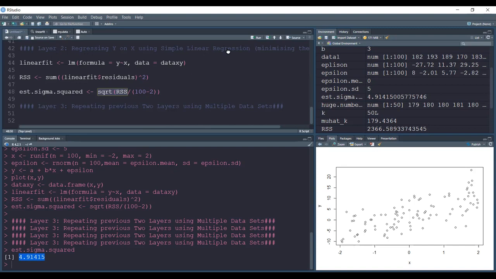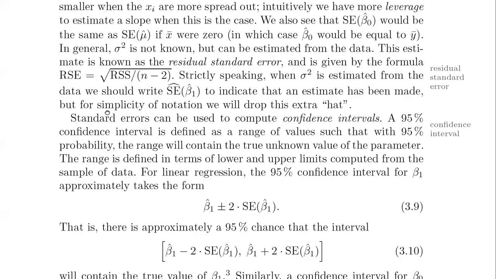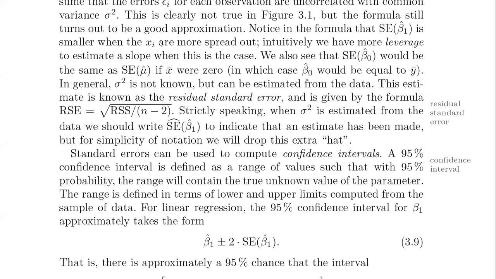So I'm thinking this is sigma. This approximates not sigma squared. In fact, that would explain the square root. It approximates the residual standard error. So the residual standard error approximates sigma.